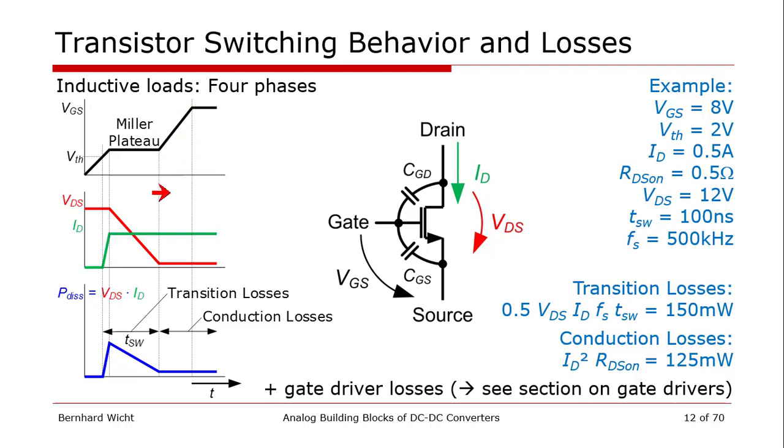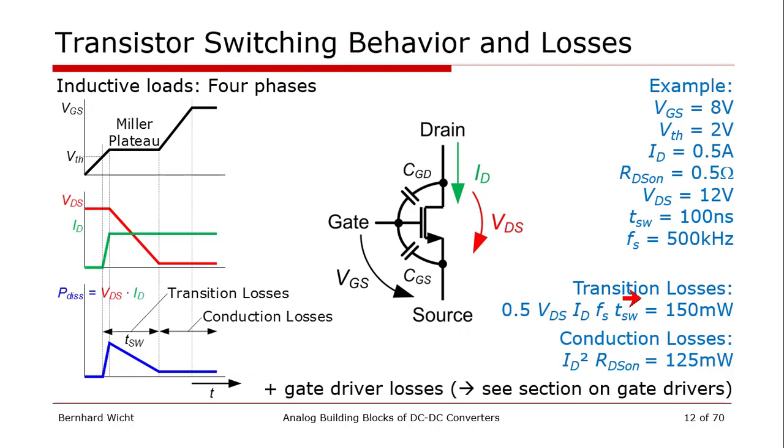If we now take the VDS and the ID transients and multiply them, we get the instantaneous power dissipation, and that allows us to identify that there is a dynamic power dissipation during the transition, and there is a static power dissipation, which can all be calculated.